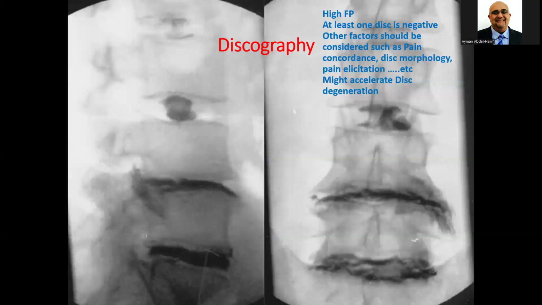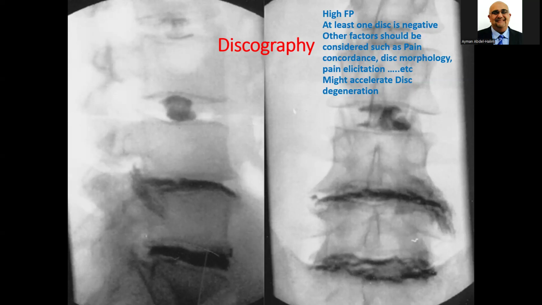Discography. Discography is an important aspect of imaging besides MRI. However, we do it not routinely. We do it only in certain circumstances. Why? Because it has high false positive results.